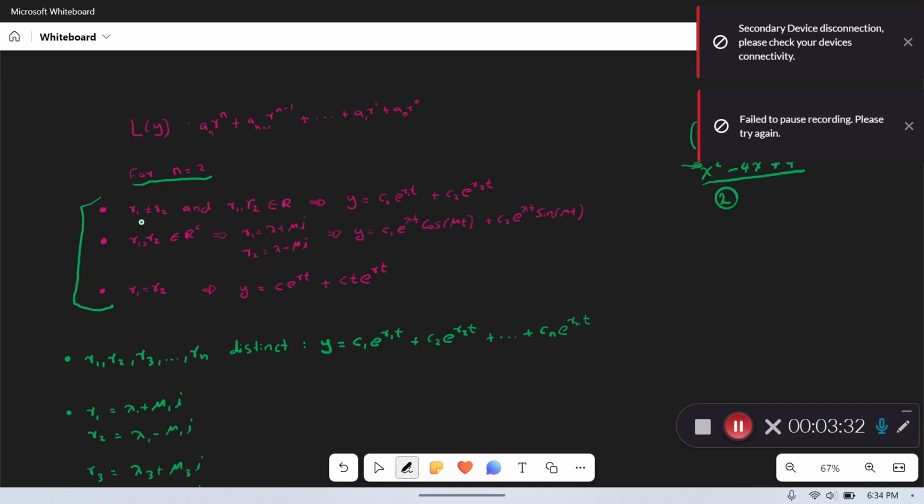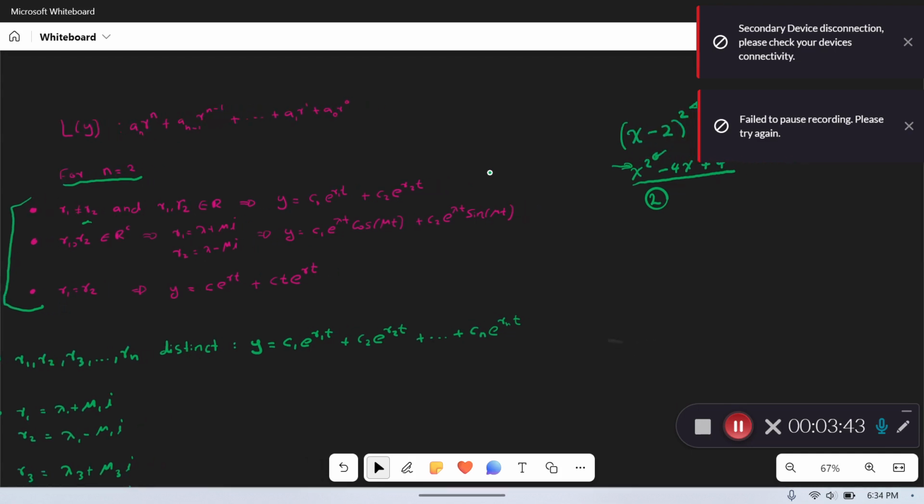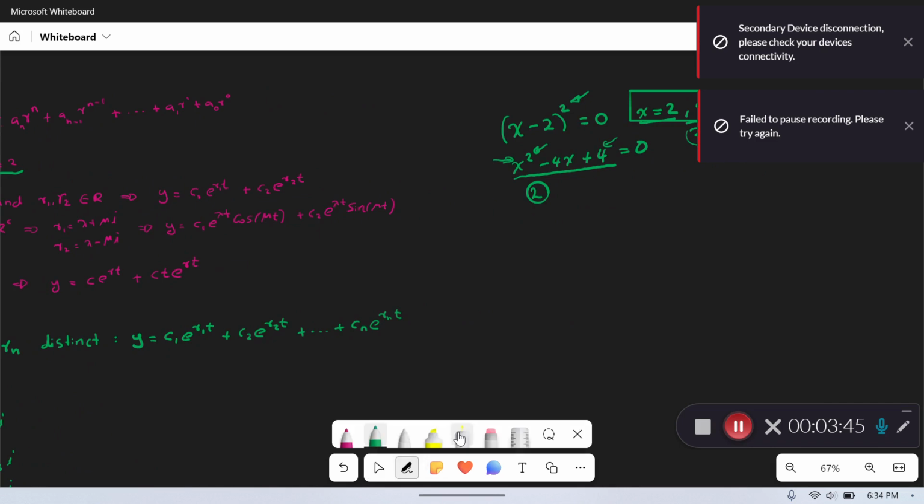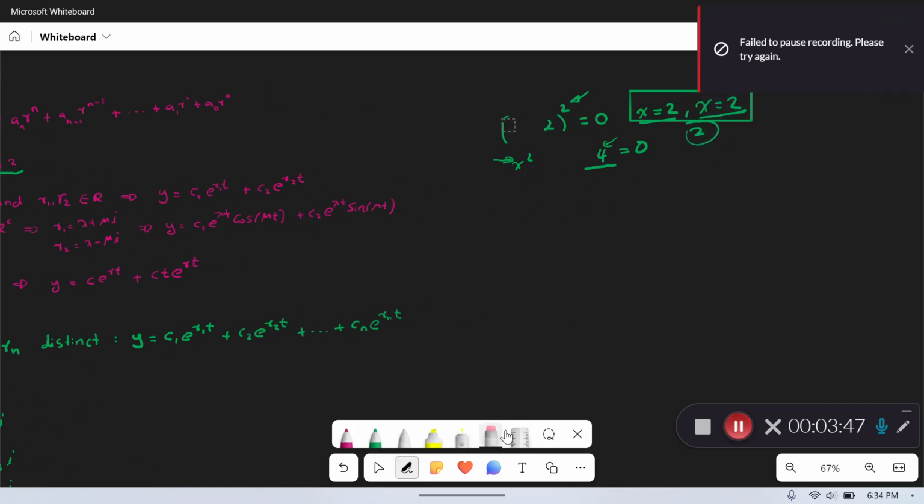When you have 2 distinct roots, you have this format, C1 e^(r1 t) plus C2 e^(r2 t). In this format, they can give you some initial conditions to determine the values of C1 and C2.